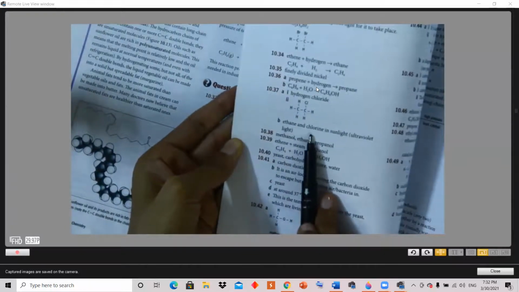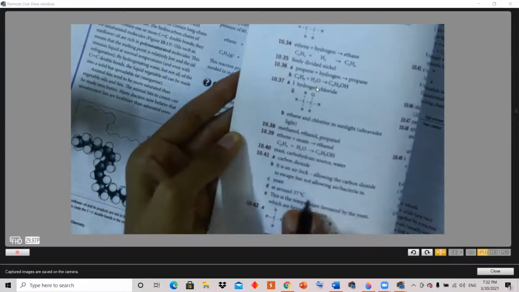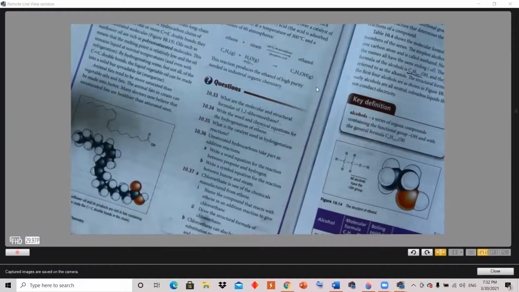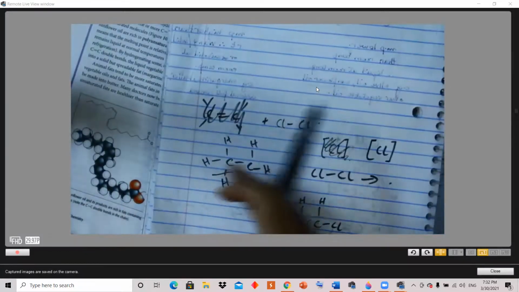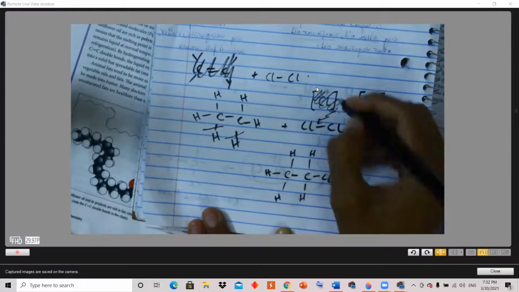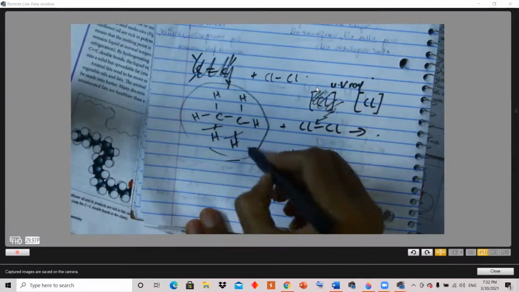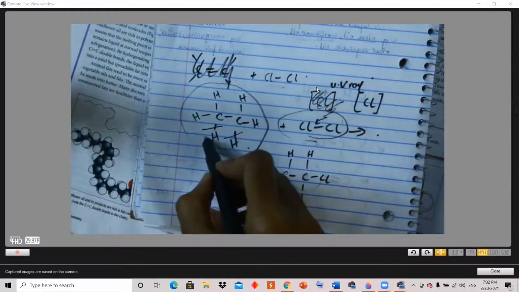Let's see their answers. Yes, ethane and chlorine are the 2 reactants, in sunlight or ultraviolet light. So also mention ethane, because of course we need ethane and chlorine. Look at this equation and then answer the question. This bond, for breaking, requires ultraviolet light. You require ethane, you require chlorine, and you require ultraviolet light. These are the 3 conditions.